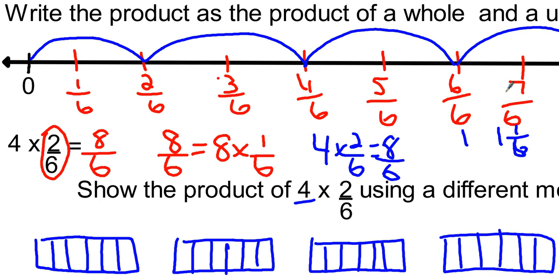Okay, now I have to make sure that I represent 2/6. So 2/6 1 time, 2/6 2 times, 2/6 3 times, 2/6 4 times. Okay, and now I can see 2/6 4 times is 2/6, 2/6, 2/6, 2/6, which is 8/6 if I was to combine them. So if I was to add these up, I would get 8/6.